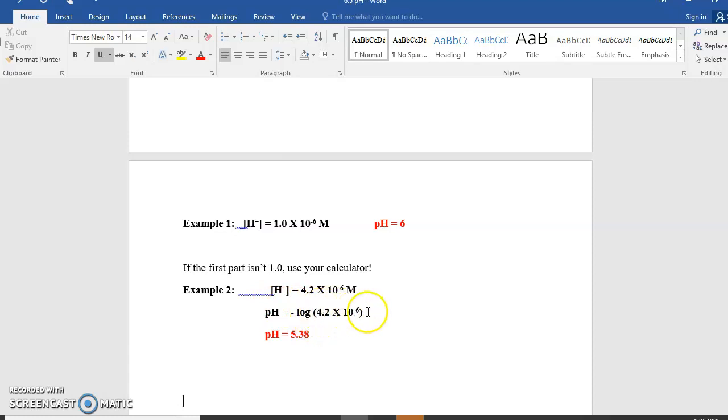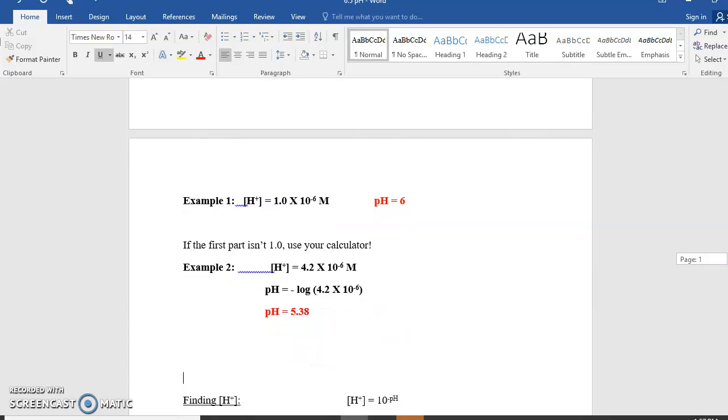Make sure this is all in parentheses in your calculator, because otherwise you'll take just the negative log of just the 4.2 and it'll mess you up. And then when I type that all in, I get 5.38. Your pH values will always be positive numbers, and they will always be small, between 0 and 14, because it has to fit on the pH scale. If you're getting like 5,380 or something like that, you're off. You need to recalculate that. And remember, we're always rounding everything to 2 decimal places as well.